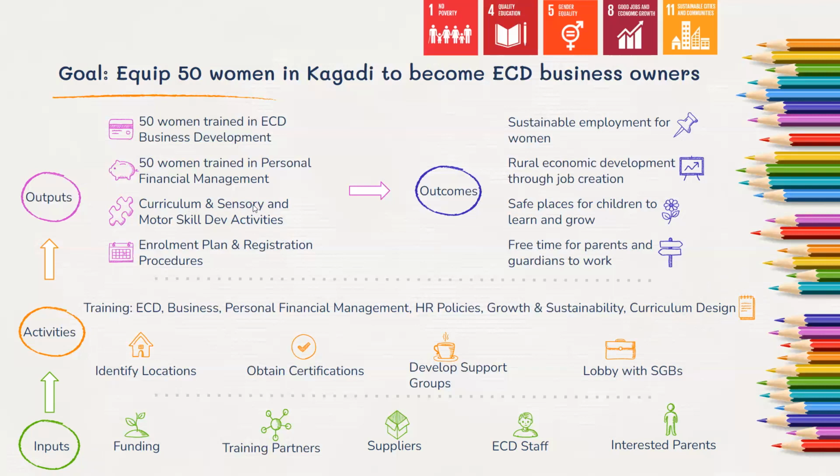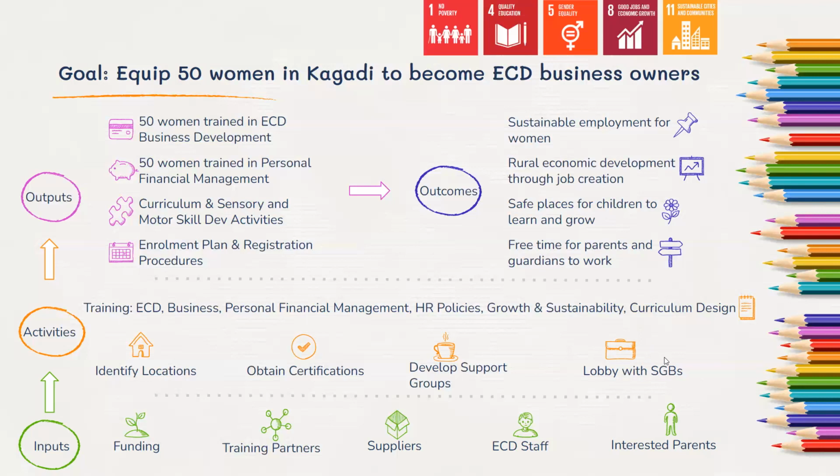If we want to test the theory of change forwards, this time by asking why, we can take an example. Let's look at the activity lobby with school governing bodies. Why do we want them to lobby with school governing bodies? We mentioned earlier, it's so that they have school placements for primary school.